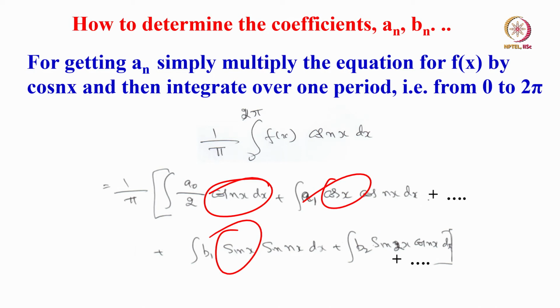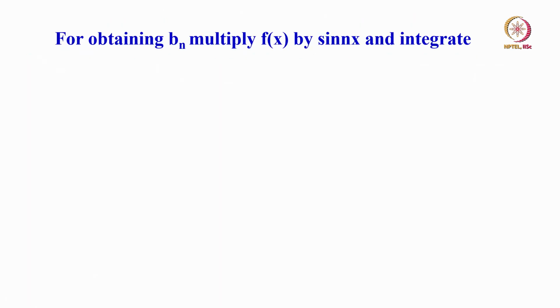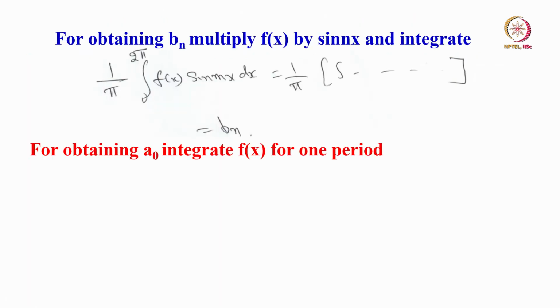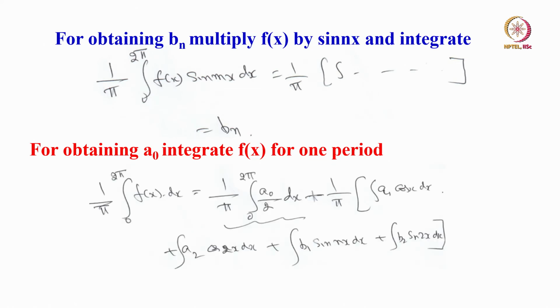As I said, for finding bn, we have to multiply by sin nx. For finding an, you have to multiply by cos nx. This is what I explained, and this is called an. For obtaining bn, of course, you can do the same thing, multiply by sin of mx, 1 over 2 pi integral, you can continue the series, and if you solve it, you are going to get bn.